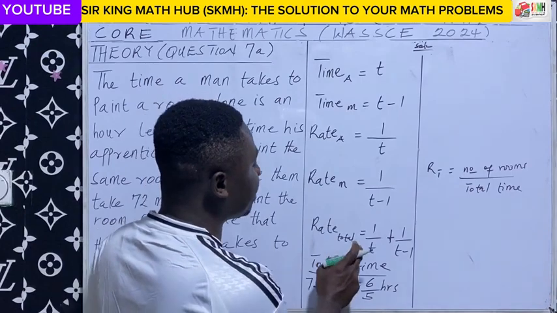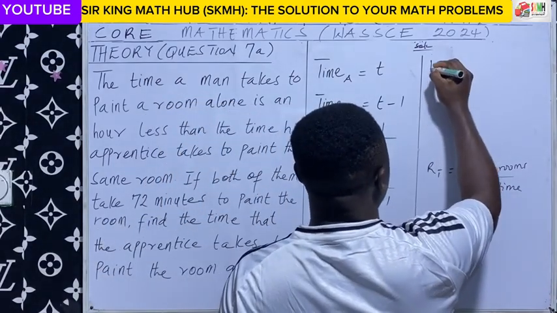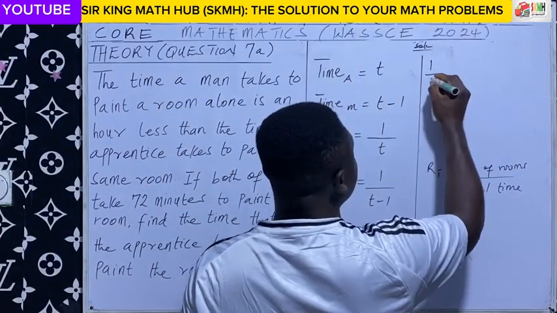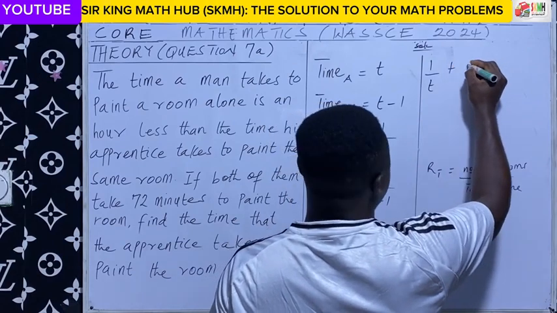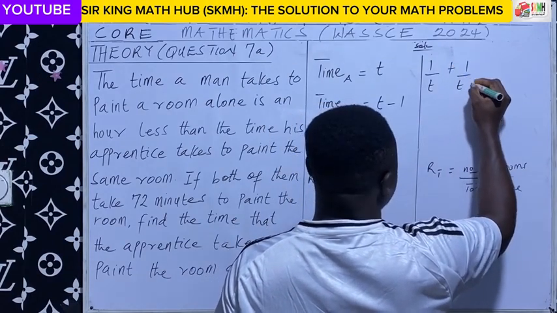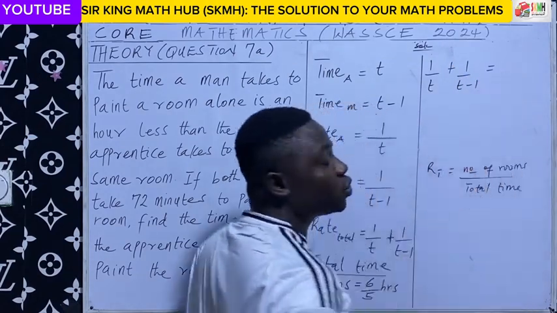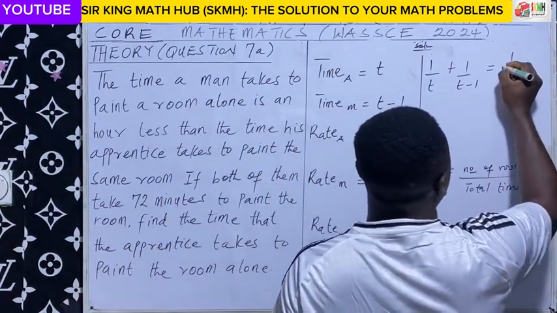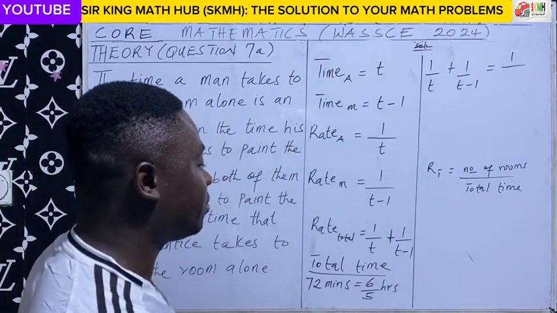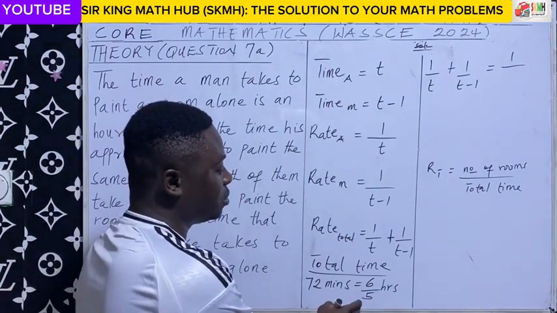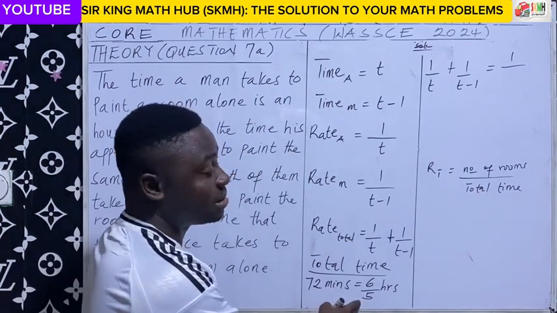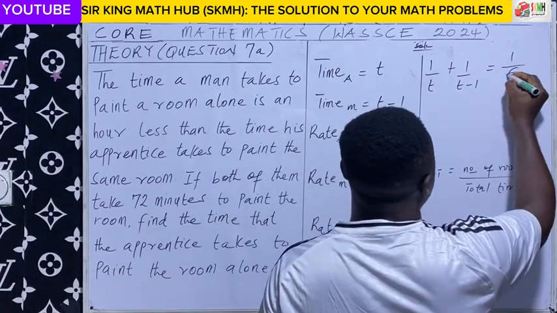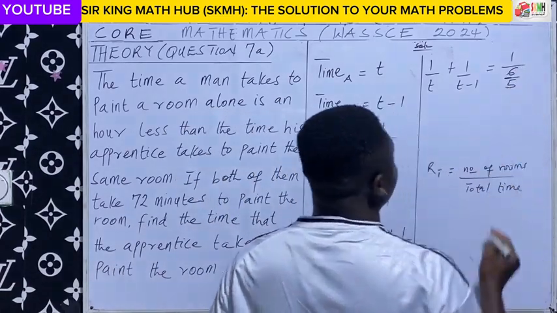Now we know their total rate here as 1 over t plus 1 over t minus 1, and this should be equal to the number of rooms, which is 1, divided by their total time. Now we are using their time in terms of hours. That is 6 over 5.